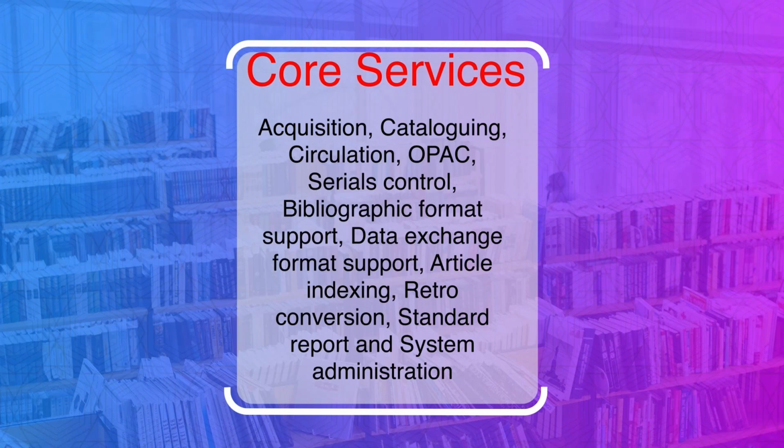Article indexing facility, retro conversion facility, standard report generation, and system administration. So these are minimum level requirements for library automation packages, and you must check whether these core services are available or not. In most of the ILSs, these are considered as core services and must be available, but it is always better to check.